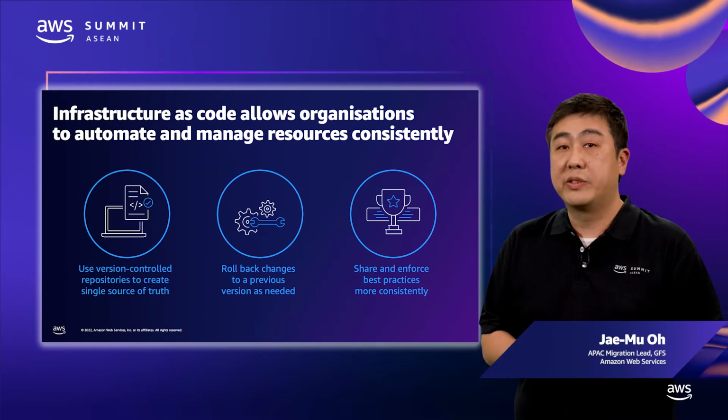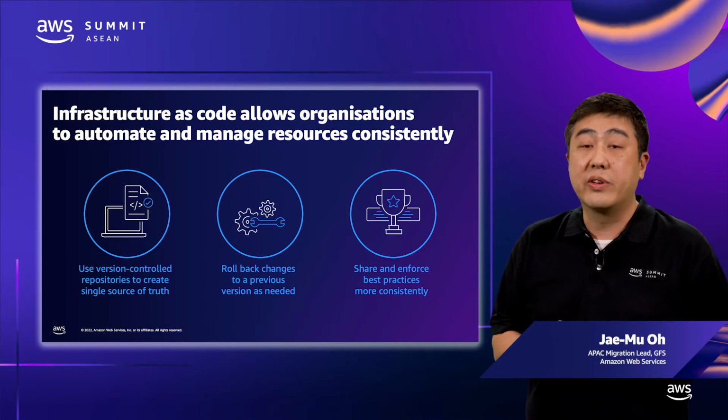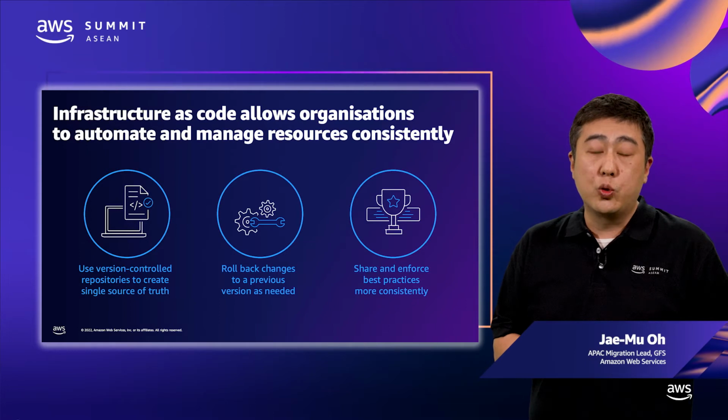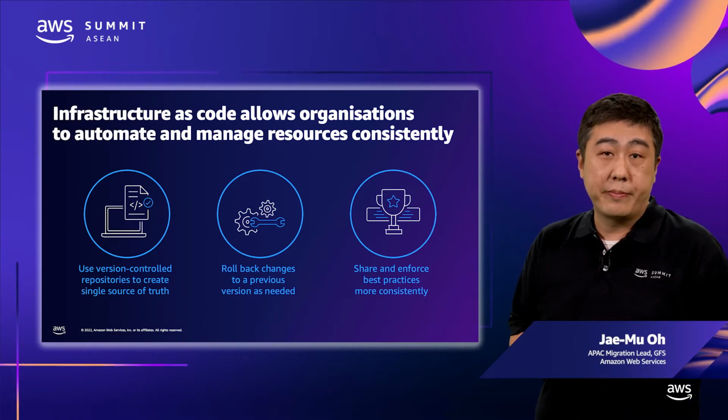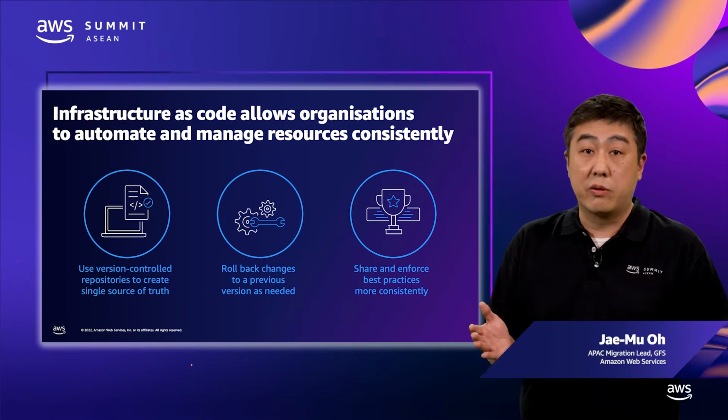Infrastructure as code enables organizations to define their desired infrastructure using a configuration file or code, and programmatically create it to ensure consistency and repeatability. With infrastructure as code, customers can manage the lifecycle of resources.